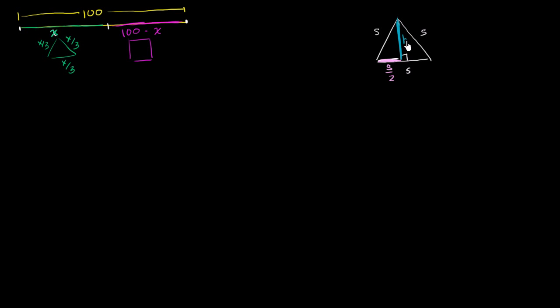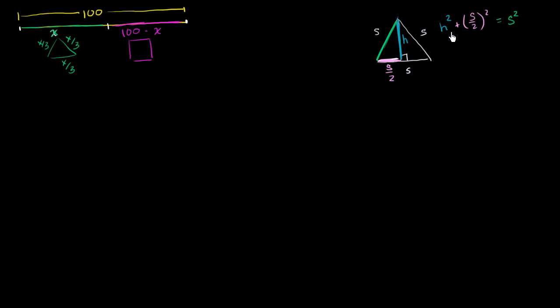So if we call that height h, we know that h squared plus s over 2 squared is going to be equal to the hypotenuse squared, which is s squared.